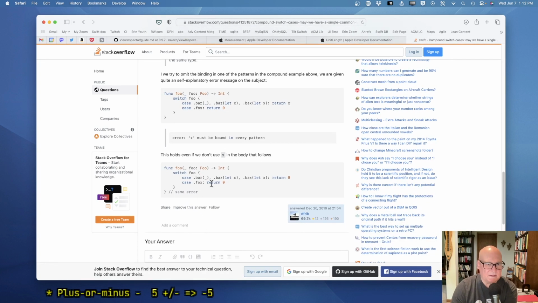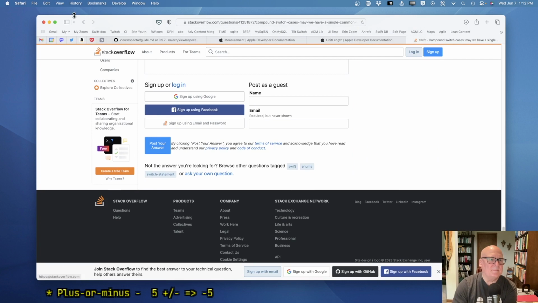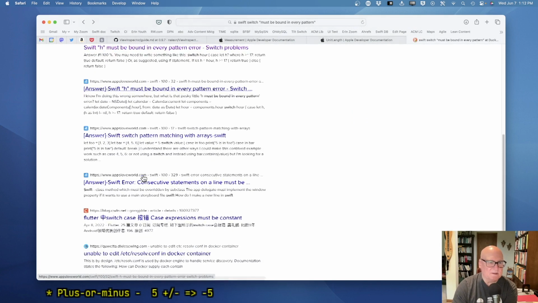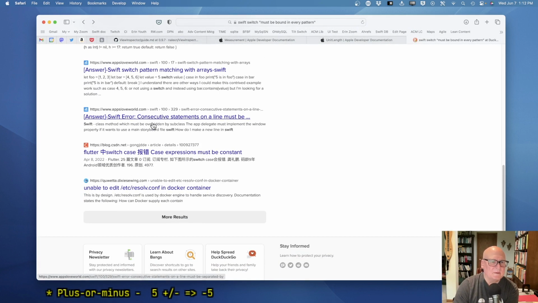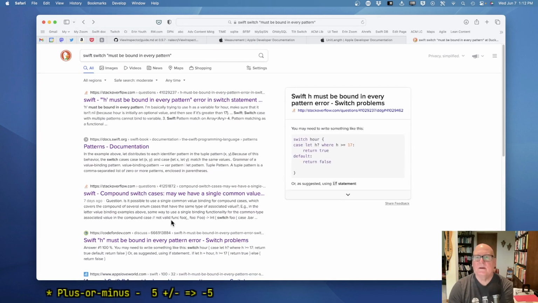I don't understand. Try to omit one in the compound example. We're given an explanatory message. Well, yeah, that's understandable. It's not looking good here. Not at all.